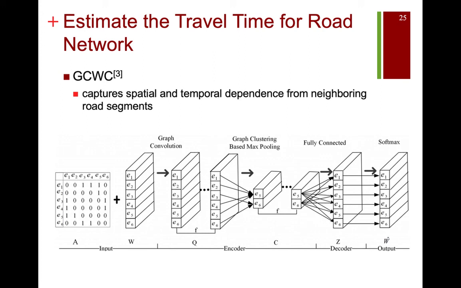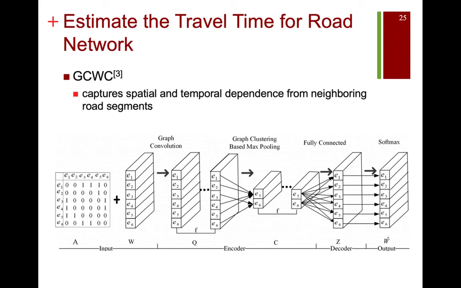And then later, the consecutive autoencoder model and the fully connected layer work similarly to the usual feed-forward network to capture some other correlations from the dataset. And then you can just imagine this as a black box, and eventually we will get the travel time distribution for every road segment, which is represented by the travel distribution matrix.